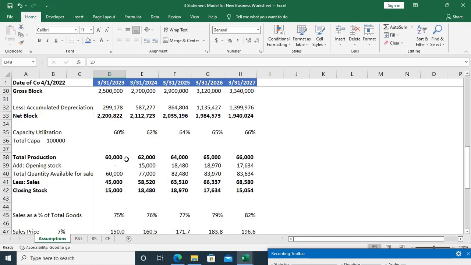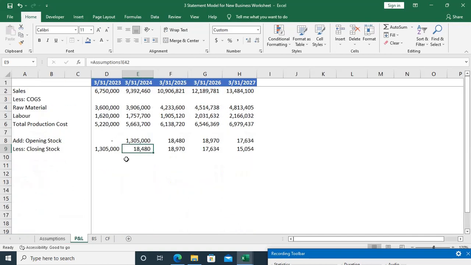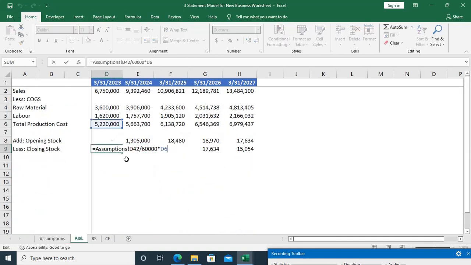In the second year, 62,000 units were produced. So we could have done this calculation even without putting it manually. We could have just entered the cell reference, which I will do now.